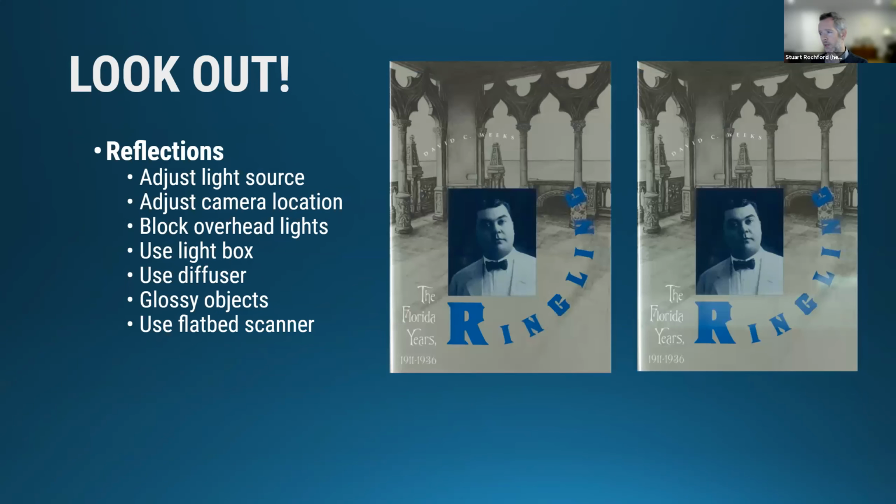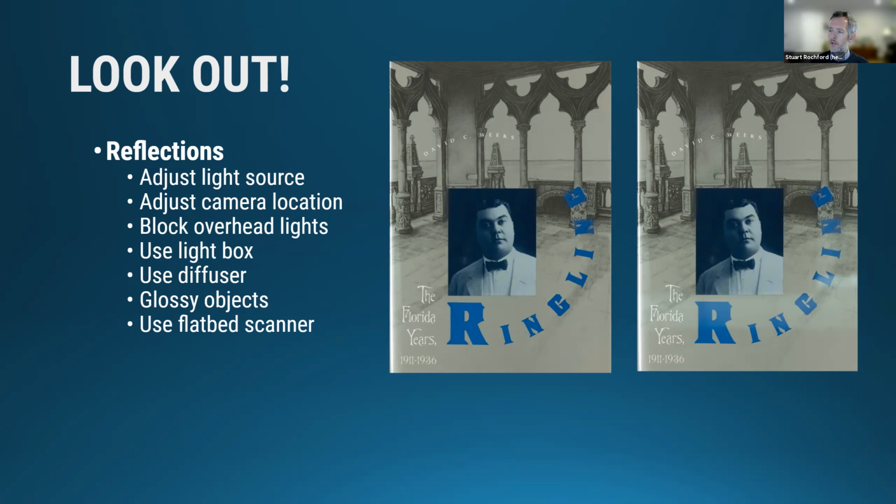Right, reflections. Yeah, so these two images on the right side, I'm not sure if you can see it. I do have a zoomed in version later, I'll show you. But the image on the left, that one is good. That one doesn't have any reflections on it, or at least they are minimized. The one on the right, you can see right where it says Ringling, right by the L-I-N-G, there's some little highlights there.